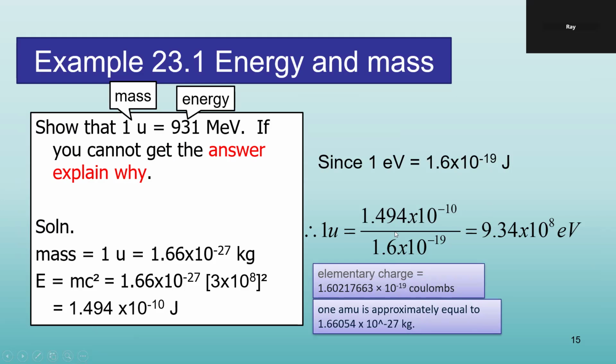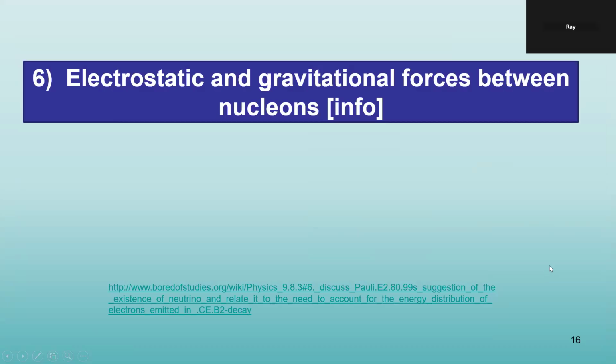This value will be higher also, a bit only. Then the speed of light will affect it, because we use 3 instead of 2.99 and so on. Okay, that's the reason why we cannot get 931. We get 934. Okay, this is for info, just read for info, that's all.